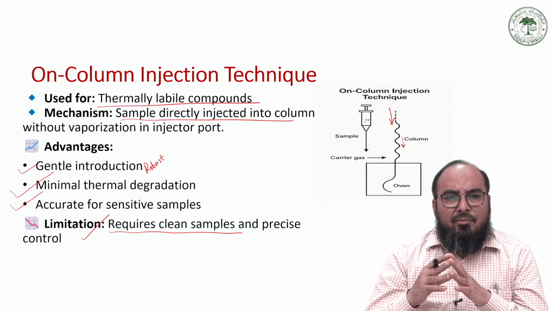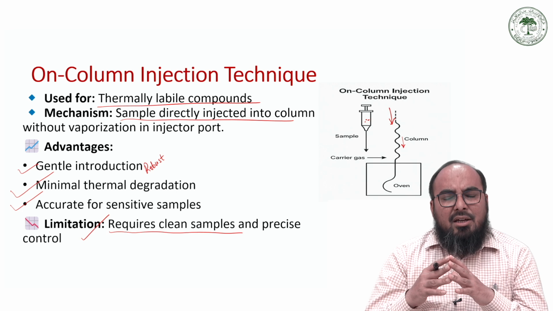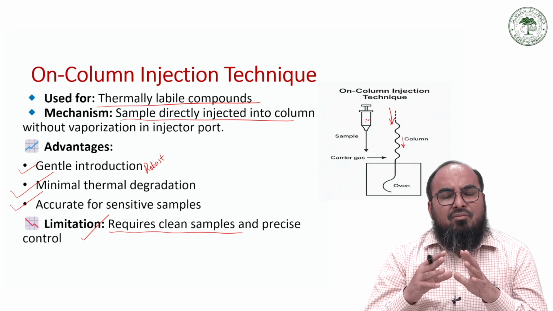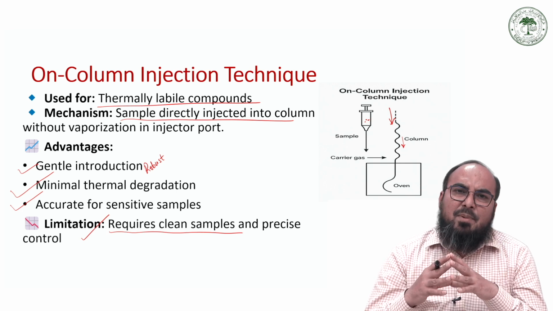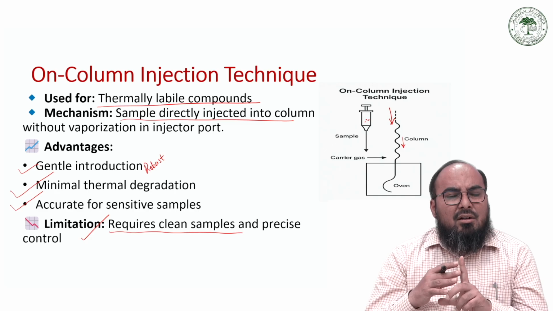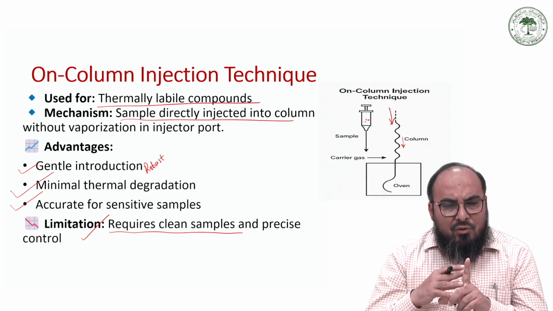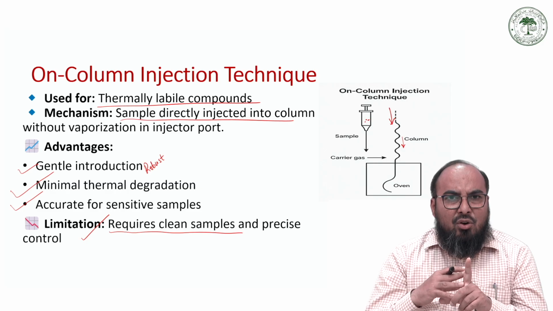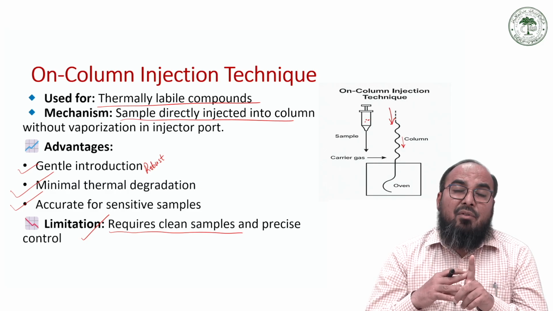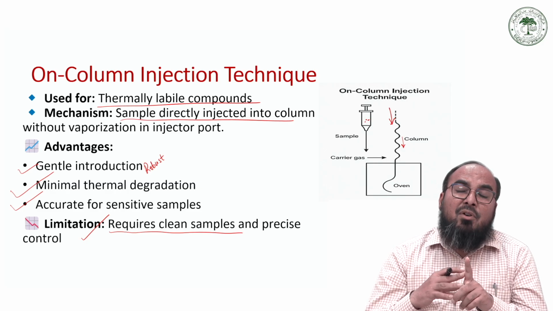Okay, so we are going to see in the next slides that this GC technique is very specific in terms of which type of injection port we are using, which type of detector, which type of stationary phase, and which type of carrier gas.